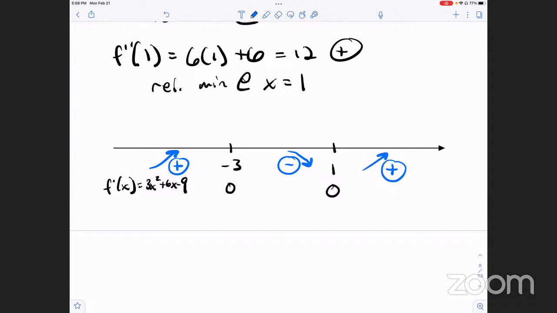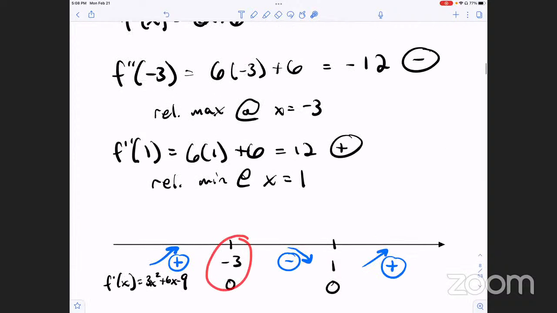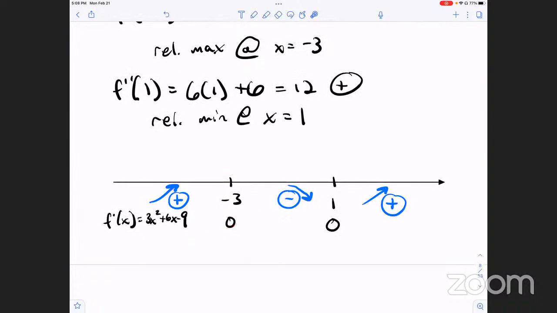So from the first derivative test, our function is increasing, then decreasing, and then increasing. That confirms that we should have a relative max when x is negative 3 and a relative min when x is 1.